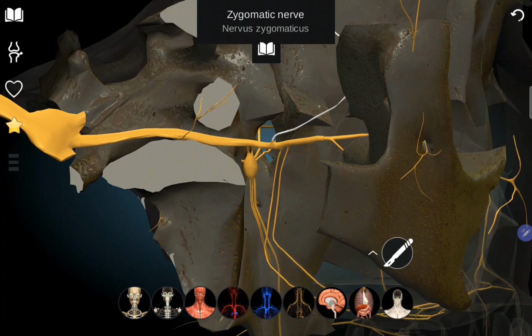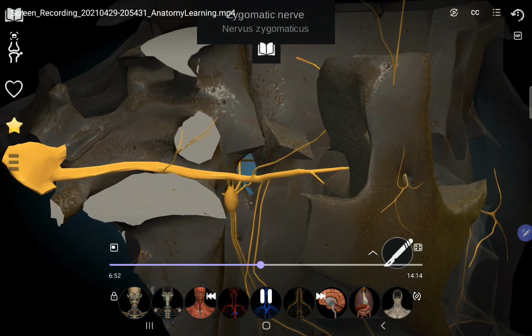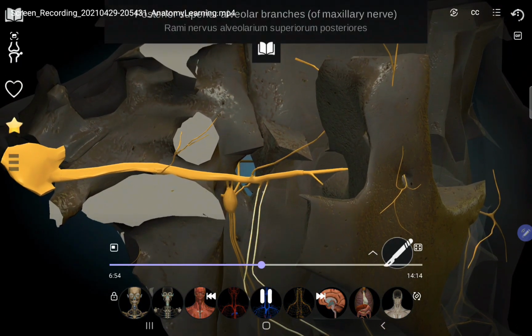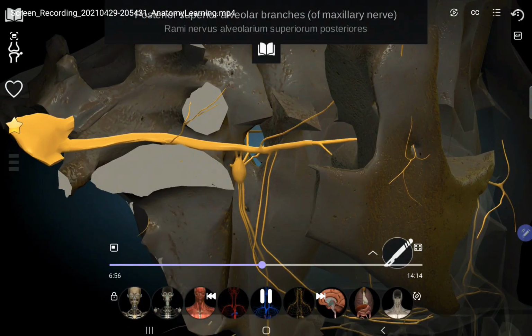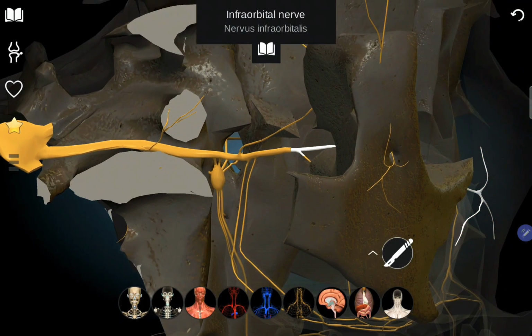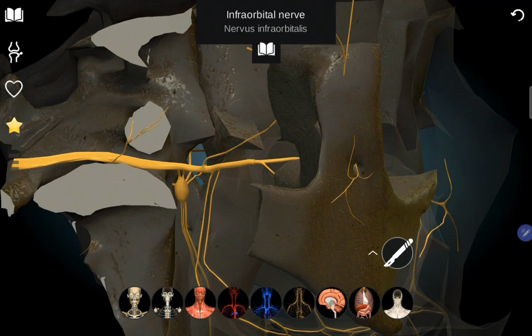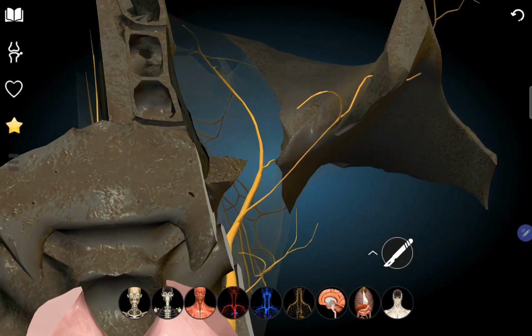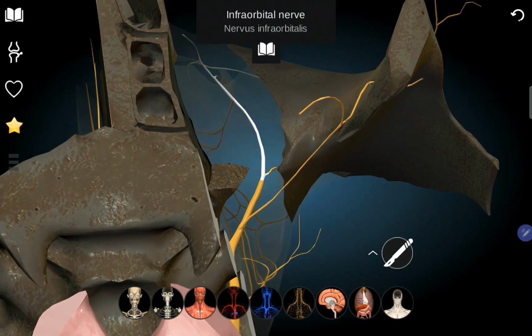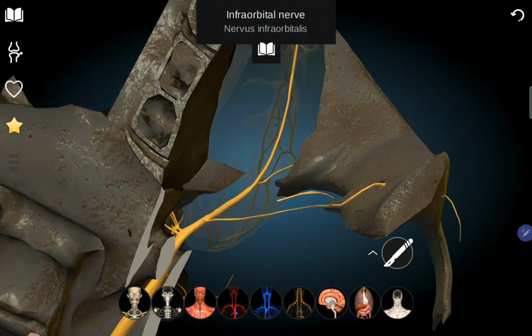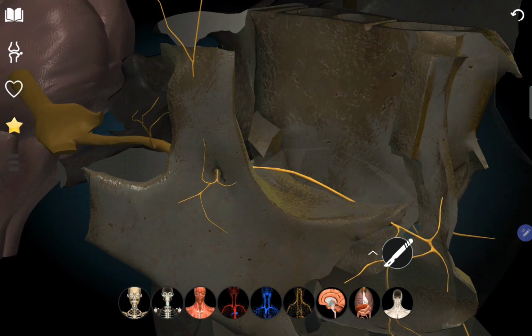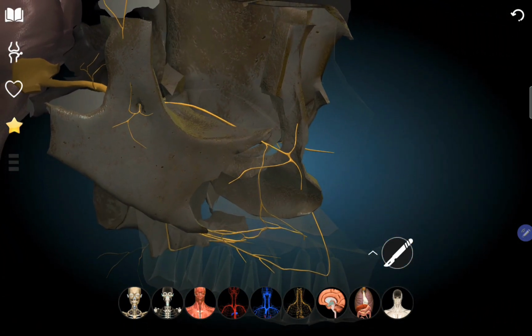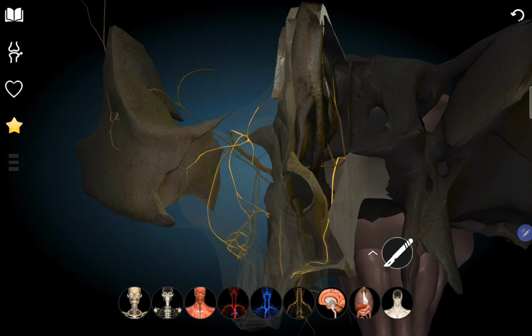Topographically it is related to the pterygopalatine ganglion, and then the third division we are studying now is the zygomatic nerve, and it gives off the PSA nerve, which supplies the molar teeth, then the infraorbital nerve, passing through the infraorbital foramen, and it gives off two branches again, the MSA and the ASA. The middle superior alveolar branch and the anterior superior alveolar branch.